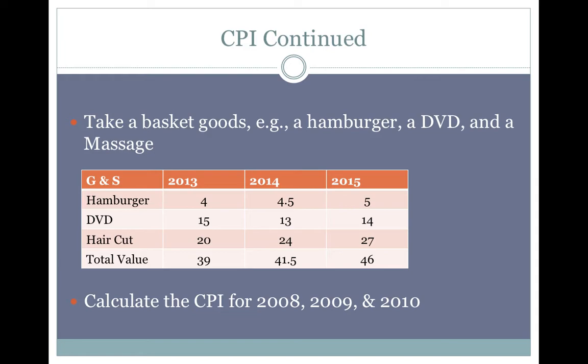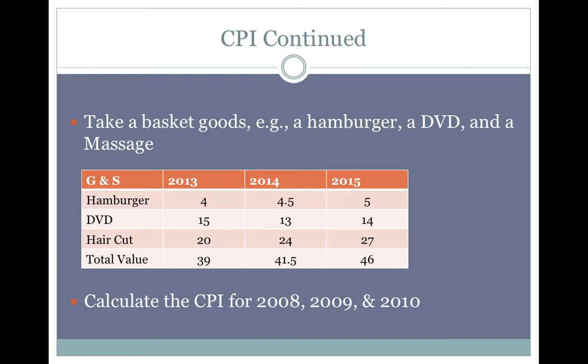So what I want you to do is, you've got all the numbers there. I want you to compare and find what the CPI is for 2014 and 2015. Obviously, you can't do 2013, because we don't have a base year, a year before.